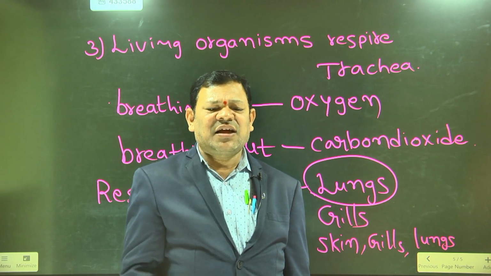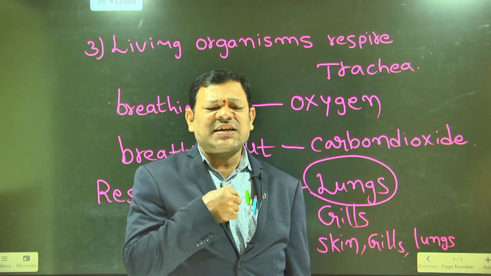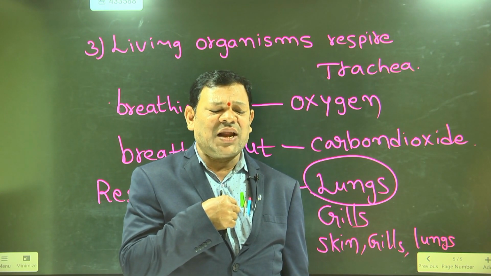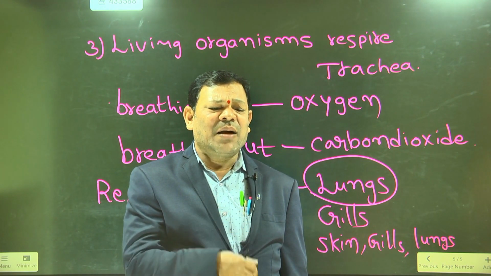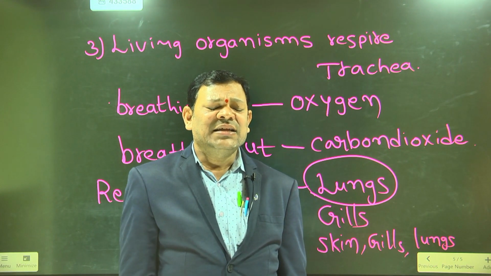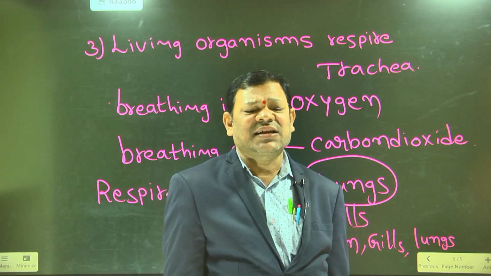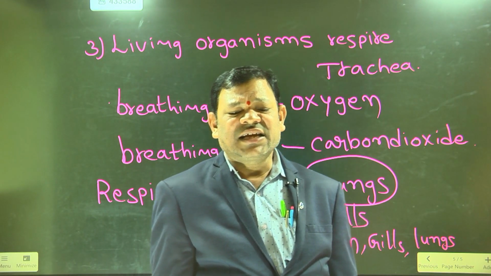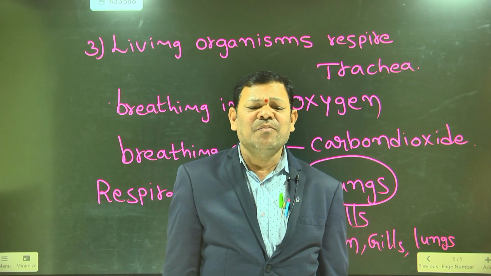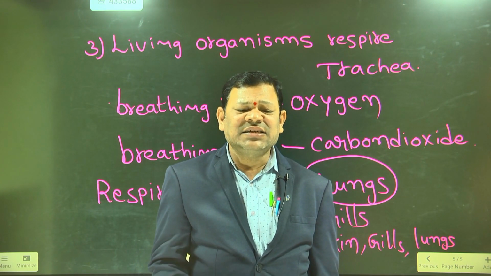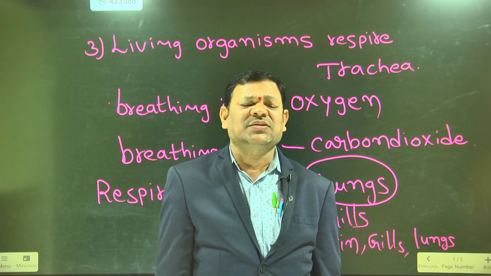When we breathe, the oxygen enters the lungs and combines with the hemoglobin in the blood, and that blood combines with the food, then respiration takes place and energy is released. So that's why respiration is an important life process, an energy generating system.